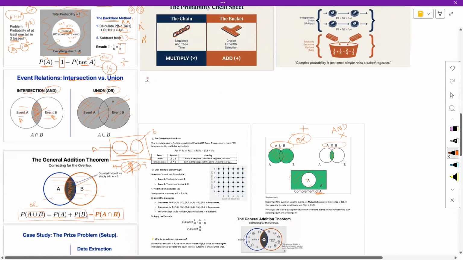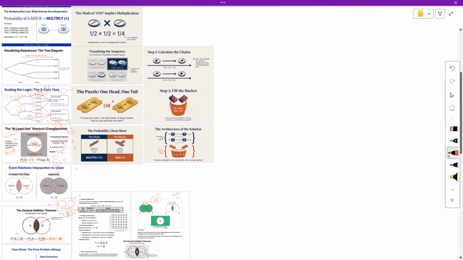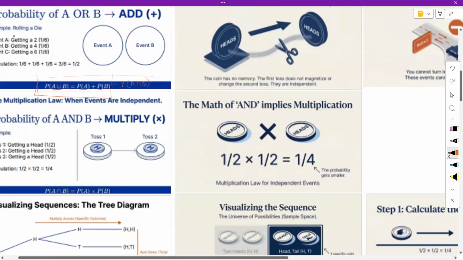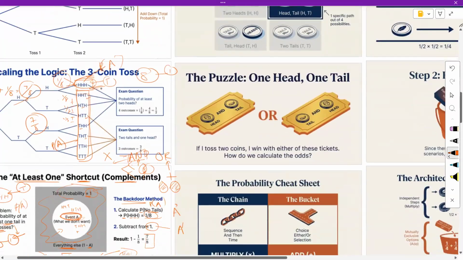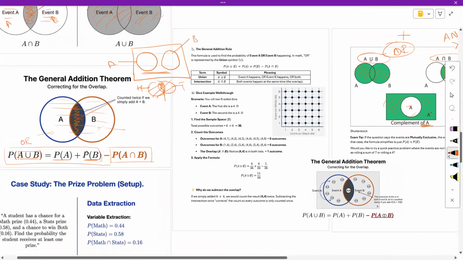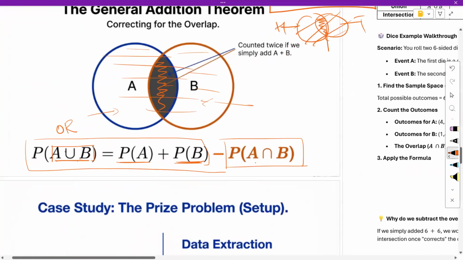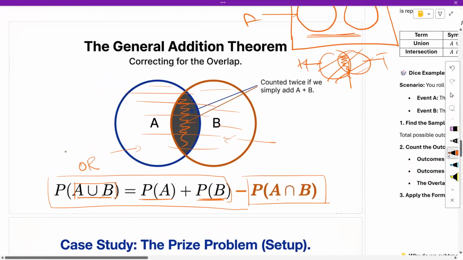You see here, A union B equals probability of A plus probability of B. And here, probability A plus probability B minus probability of the intersection. What's the reason for deducting this common area? Any idea from your side? Any understanding?